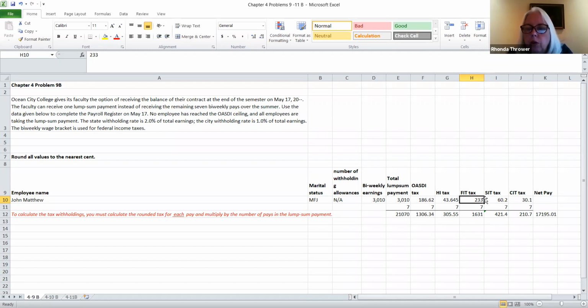So you look up the wage bracket table, and you'll get the amount of $233. Now remember, this is just for one pay period. They're going to have 7 pay periods. You have to multiply this out to get 1,631 as the total taxes that would be withheld from this person's paycheck.